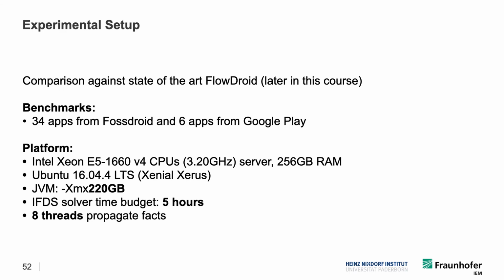So they compared this, first of all, against the current state of the art in Android taint analysis, which is FlowDroid. That is a tool that was actually developed at my own lab a few years ago, and that I will still be talking about a bit more deeply later in this course. But FlowDroid is basically implementing a general taint analysis for Android apps, also on bytecode, similar to what I discussed here.